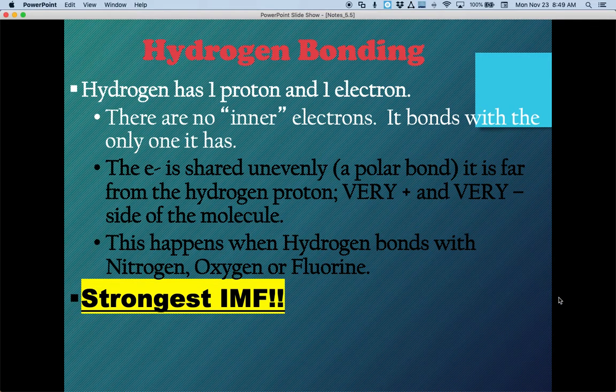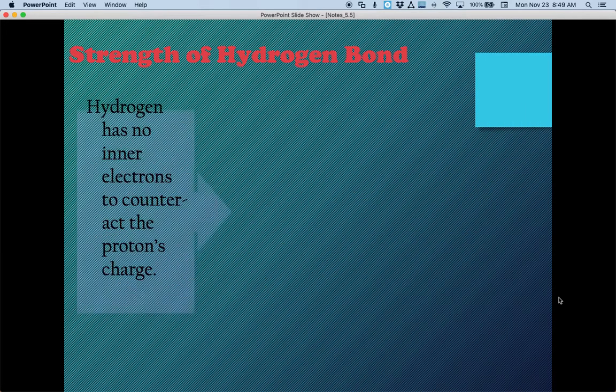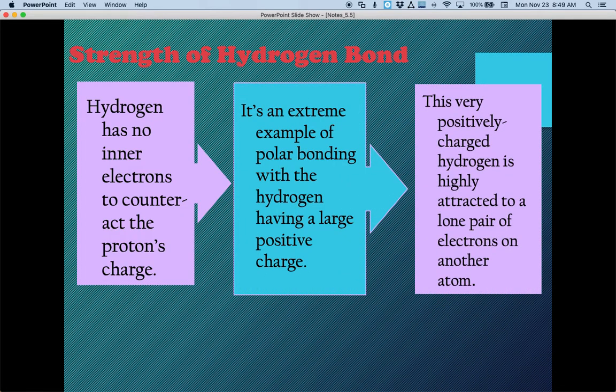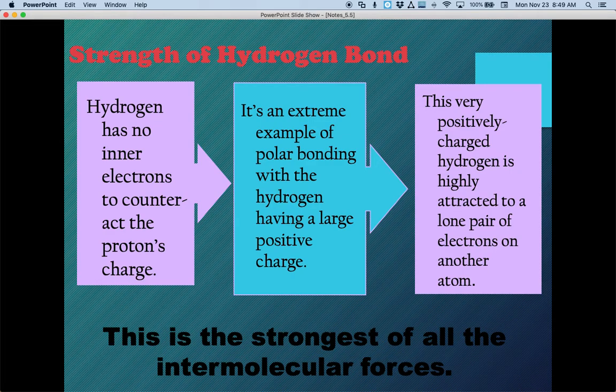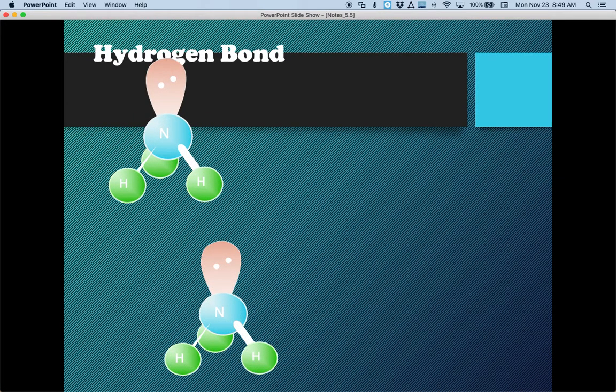Okay? So that's really all that you need to know. To kind of explain it a little bit better, I have this little picture that you can look at. Here we have nitrogen bonded to hydrogen. So we have this highly electronegative atom in nitrogen and our hydrogen. This is a polar bond, and so the one electron from hydrogen is getting pulled to the nitrogen. And so it creates basically this exposed proton where the hydrogen is.